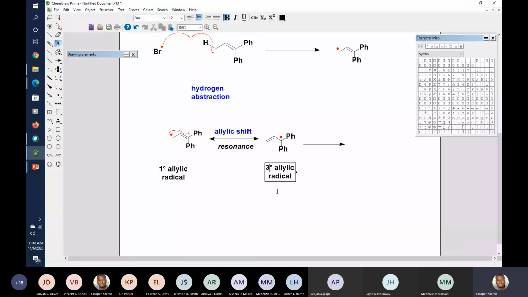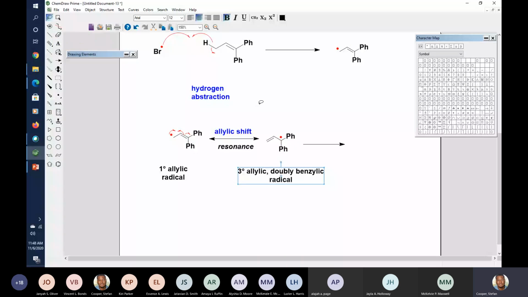Any takers? Right, so it goes from something that's just plain old primary allylic, because it's next to a double bond, to a system now that's tertiary allylic, because it's next to a double bond, and doubly benzylic. So this is an extremely stable radical here.